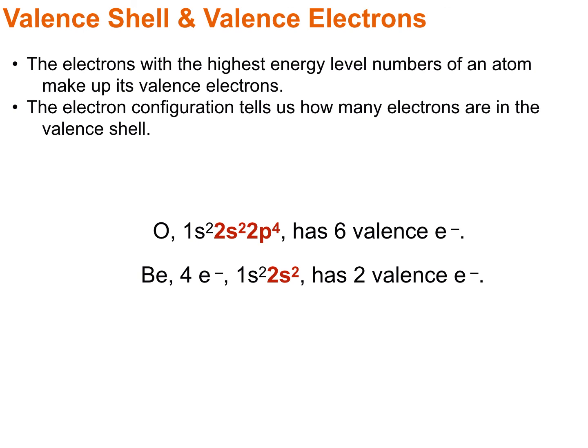The 2 valence come from the 2s shell. Zinc has 2 valence electrons only, and that is because only 2 electrons are in the principal quantum number 4 shell.